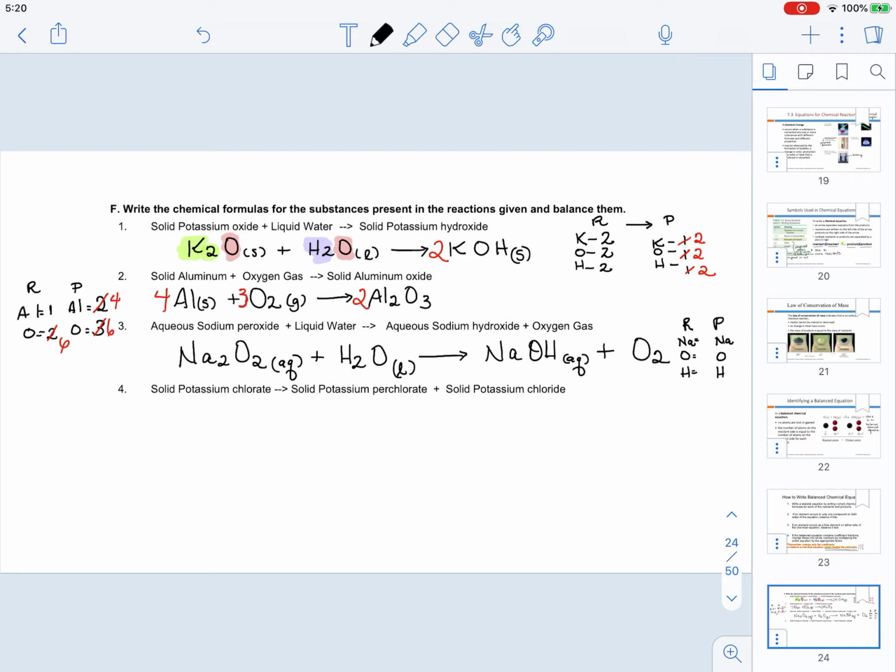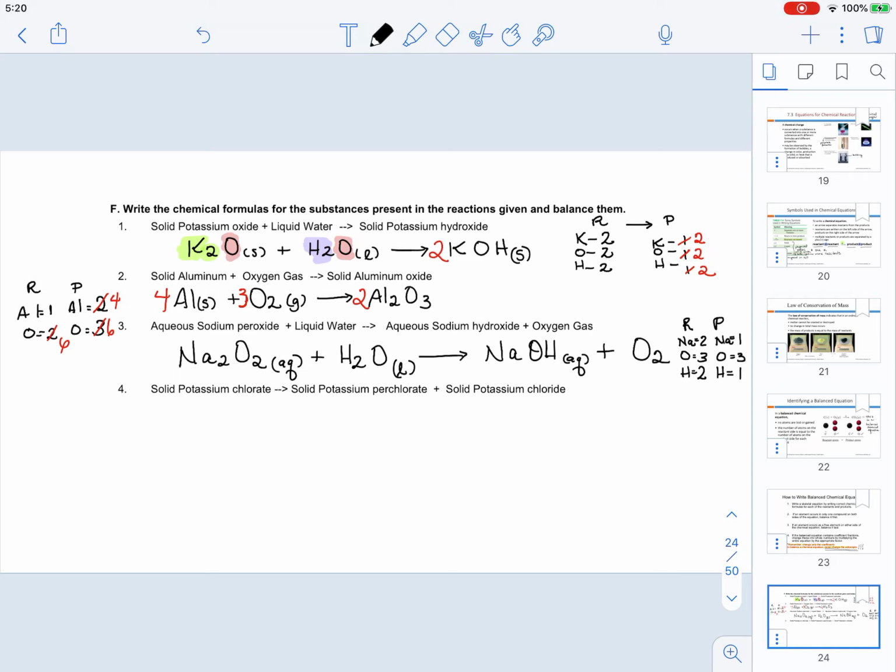So in our reactant so far, we have 2 sodiums, we have 3 oxygens, and we have 2 hydrogens. In the product, we have specifically 1 sodium, we have 3 oxygens, and we have 1 hydrogen.